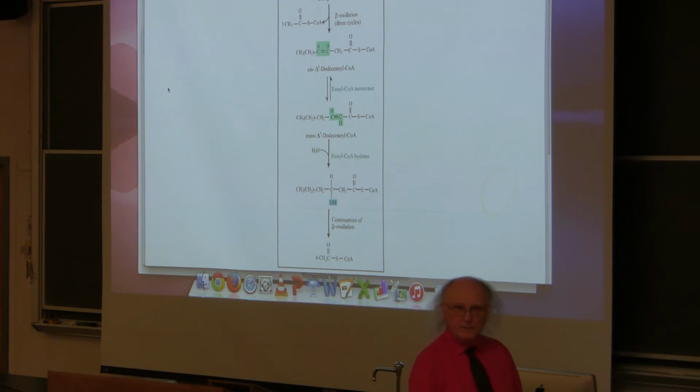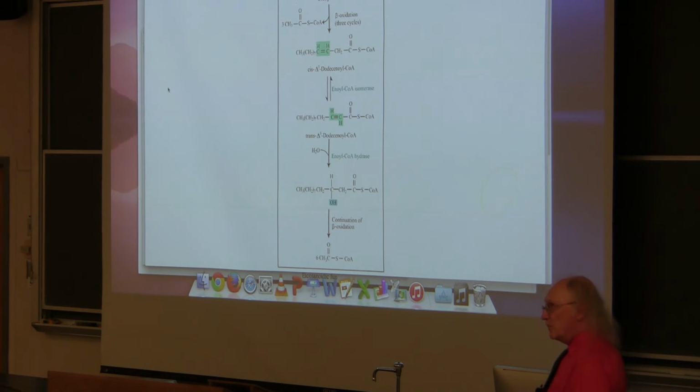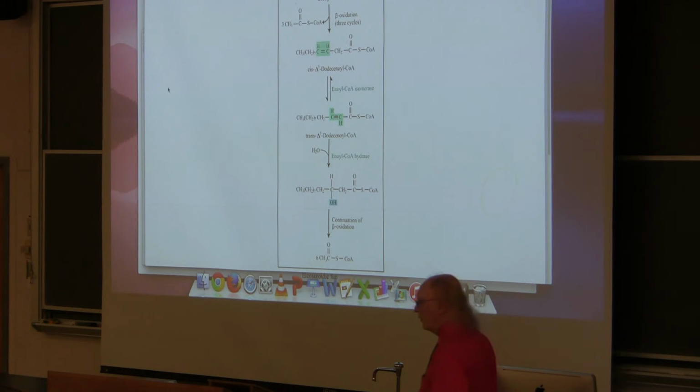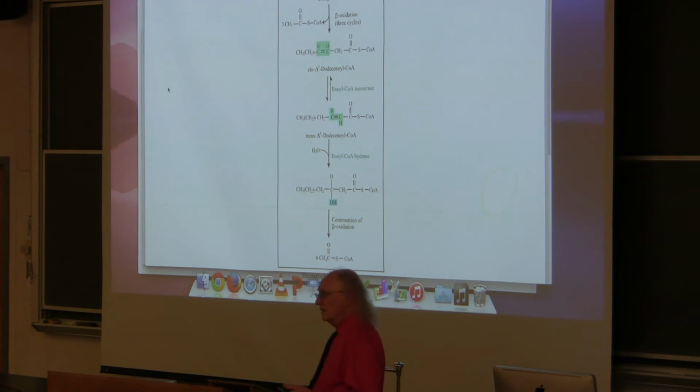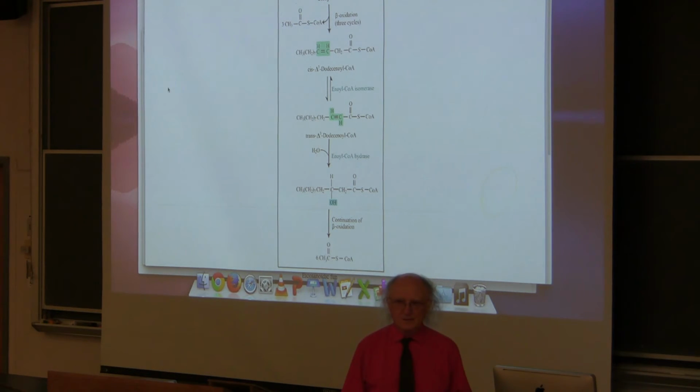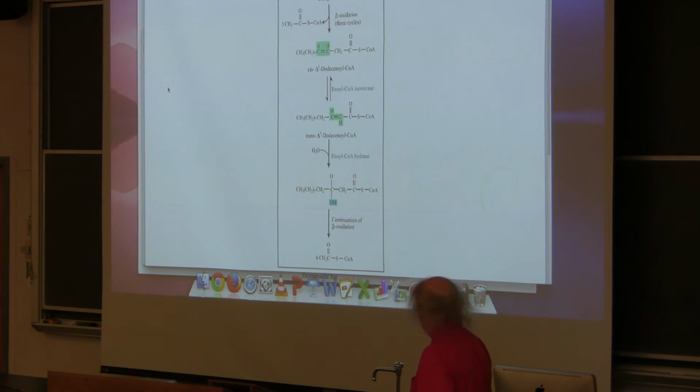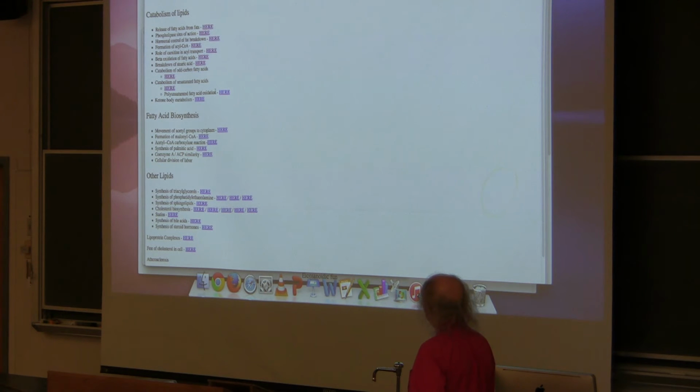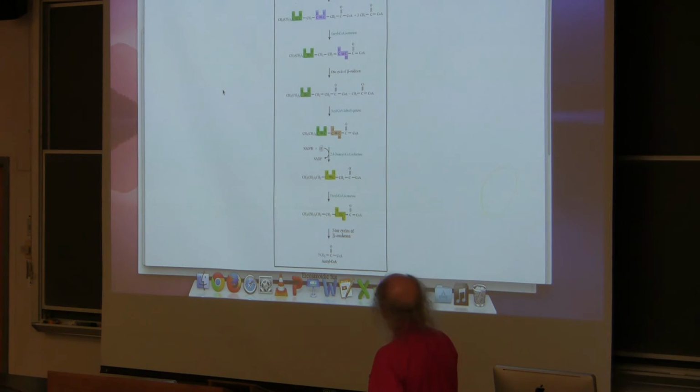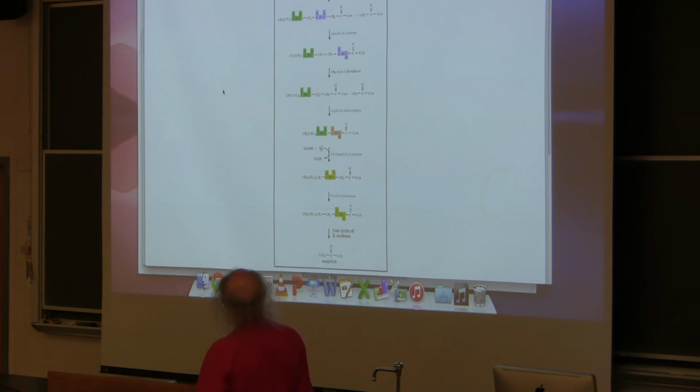Everybody with me? Well, that's really nice if the cis bond is between carbons 3 and 4, but what if it's somewhere else? Well, let's see what happens when it's somewhere else. Here's oxidation of linoleic acid.